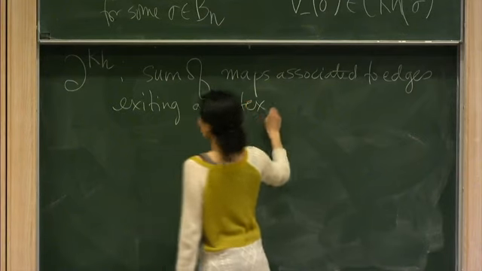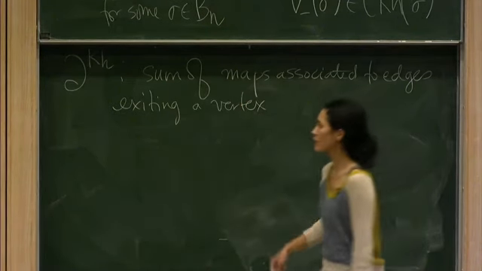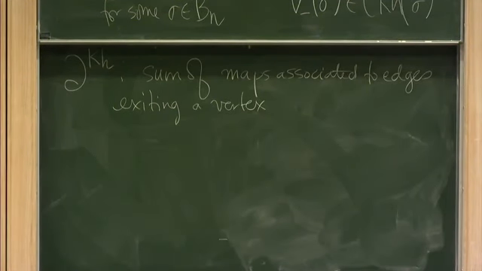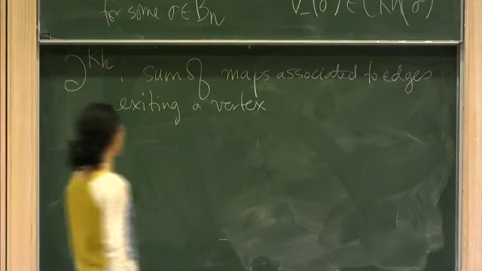So we're defining it on this distinguished basis, and a distinguished basis element is associated to a vertex. And now you look at all of the edges exiting that vertex. In this particular case, here you have 2 edges exiting a vertex. Here you only have 1. But in general, you'll have quite a few.